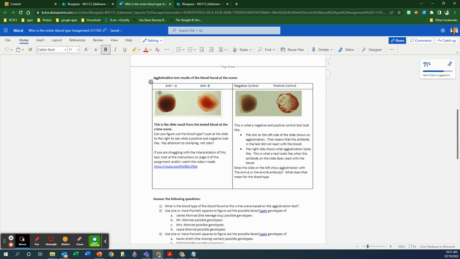So you mixed your blood with A over here, and you mixed your blood with B. Now, if you mix blood with A or B, if it's the same blood type, if it matches, what's going to happen is it's going to clump. And so clump looks like this, non-clump looks like this. So this here would be the positive and the negative control. This is your result, but you're going to look over there to see if your results are positive or negative.